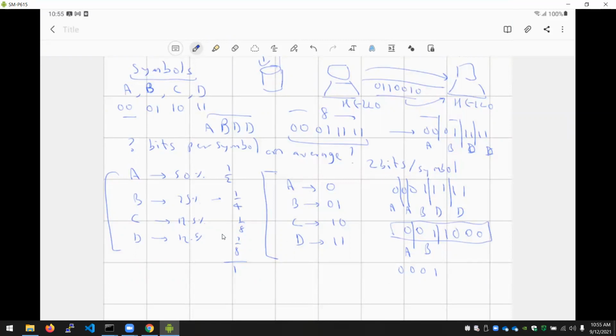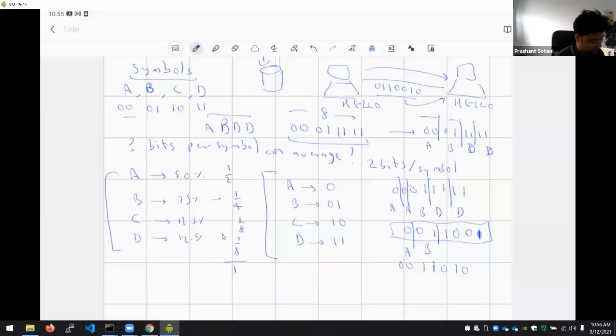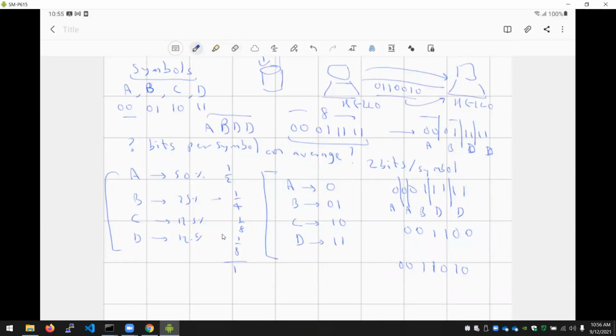Will it work if you take the second last digit as 1? Yes, sir. Second last. Okay, so 0, 0, 1, 1, 0, 0, 1, 1, 0, 0. Now what is the ambiguity? There is also ambiguity there. Yeah, so here I can see the ambiguity is that this 1, 1 can be D and this can be AA.